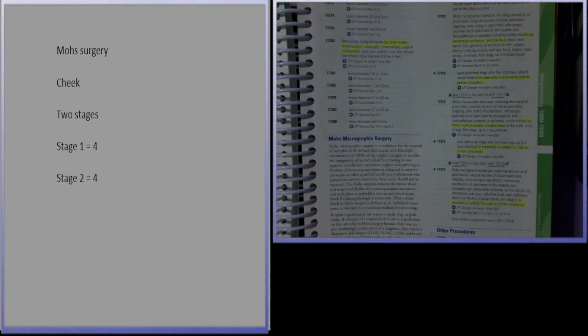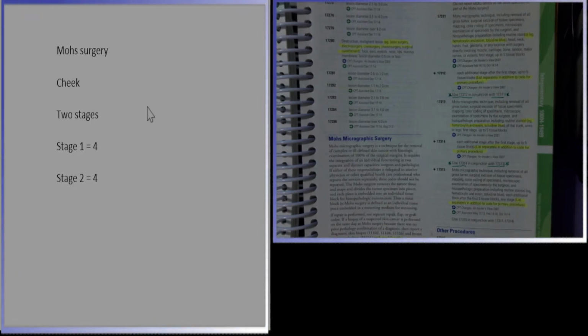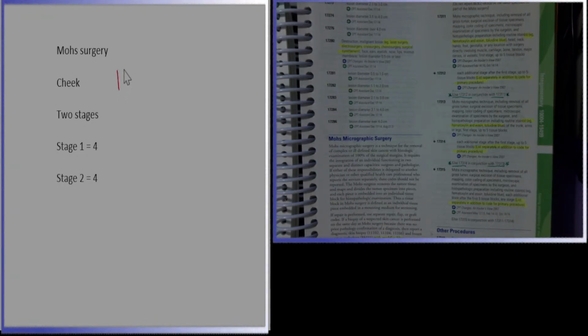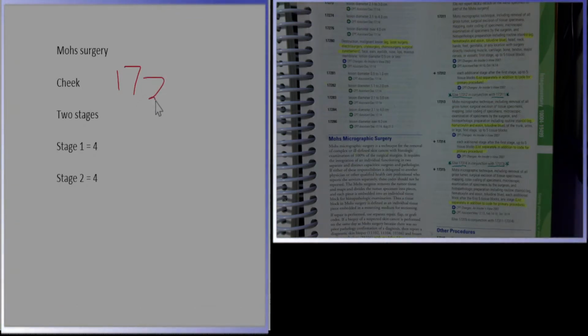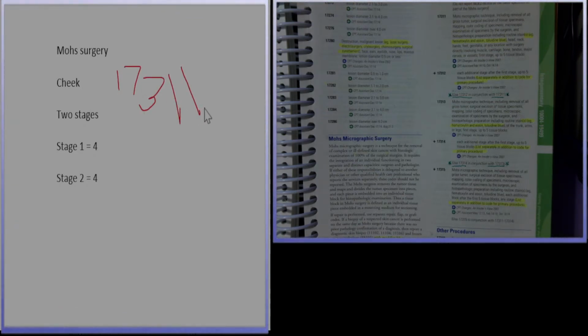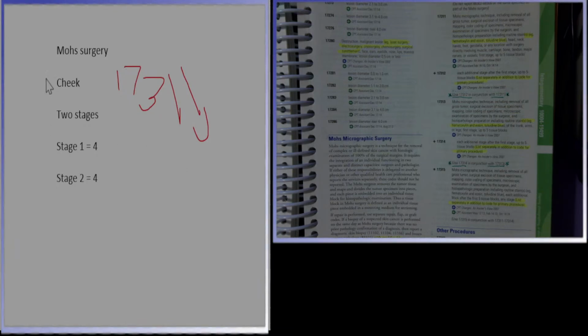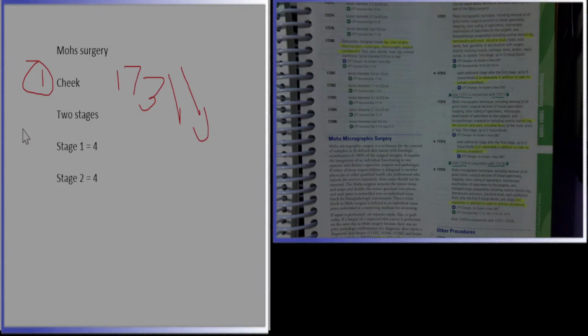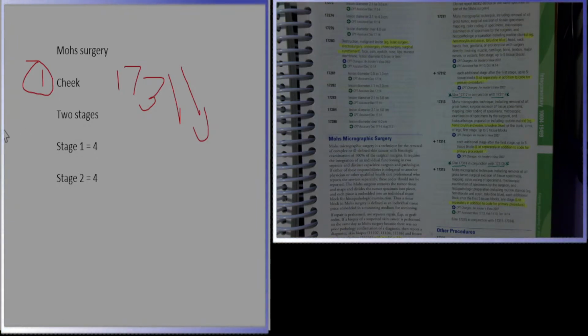Okay, be sure and pay attention. All right, so cheeks, yes, are going to be our 1, 7, 3, 11. We're going to code that first, just simply based off stage 1 of coding Mohs, our body part. That's it. That's all there is to it.